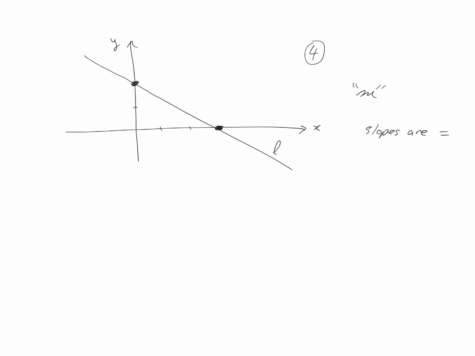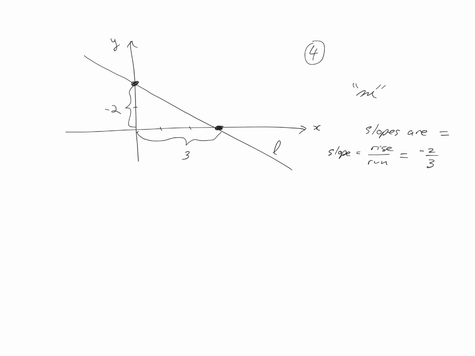And the slope is the rise over the run. And we have the rise here, that's -2, because we're going down. And we are running 3. So the slope is equal to -2/3.